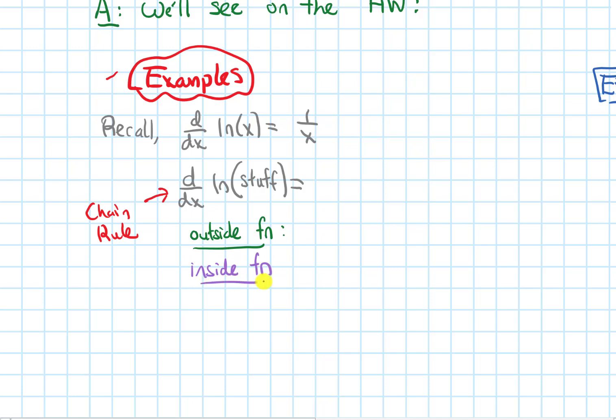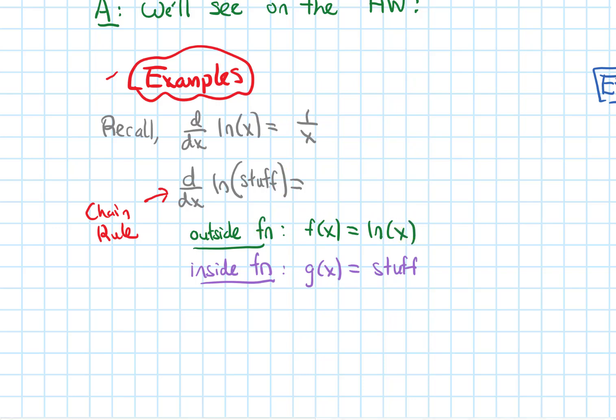Maybe let's start with the inside function. It's the stuff that's getting plugged in to the ln. So I'll call that function g of x, and g of x is the stuff. And that's getting plugged into this ln function. I'm going to call that f of x. So f of x equals ln of x. That is our outside function.